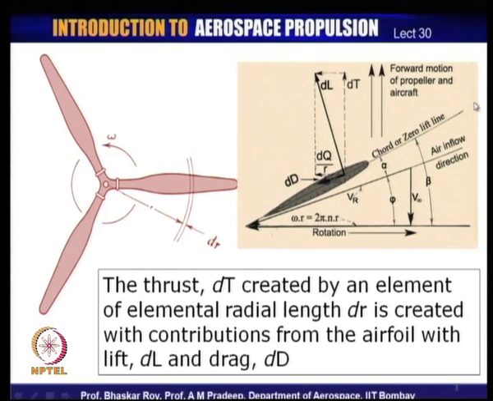The one which is in the direction of motion of the propeller and the aircraft together gives you the thrust. So, the component of dL in the forward direction, or what can be called a direction which is parallel to the axis of the propeller, would give you the thrust component, which we call dT, which is the elemental thrust of this particular element.